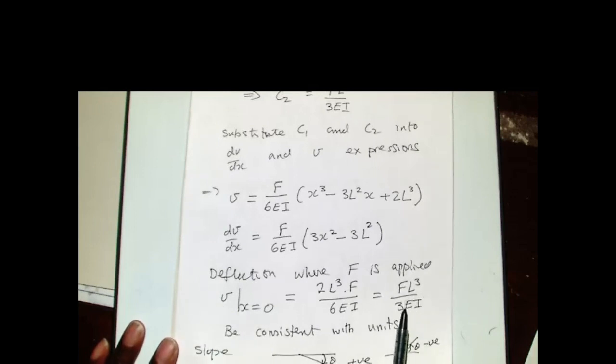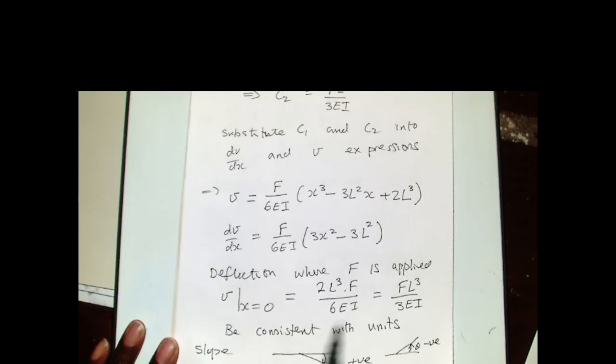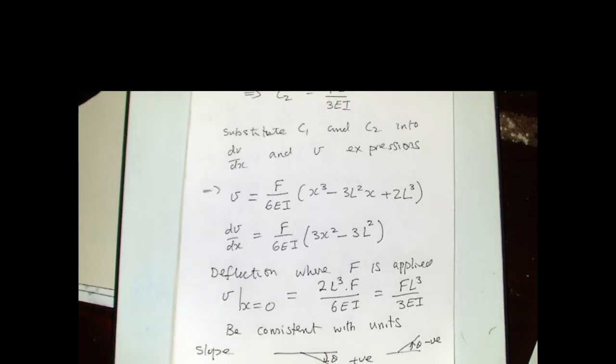That's what we want. So maybe I should emphasize, if I go back here, you might see that our deflection depends on EI. If I want to reduce the magnitude of the deflection without changing the load, I have the option to either reduce the length, increase the modulus, or increase I. So you can change the magnitude of the deflection without reducing the load.